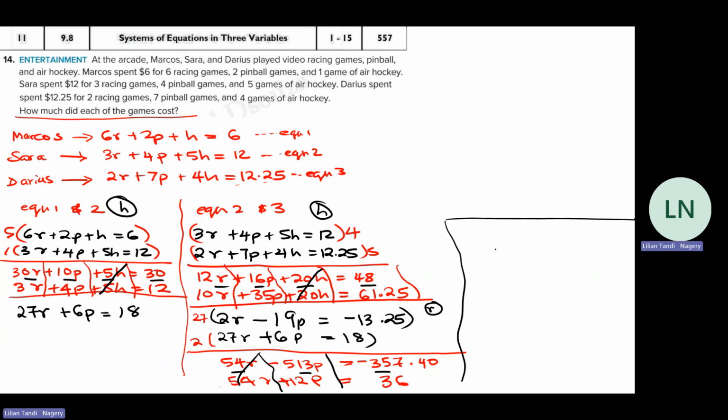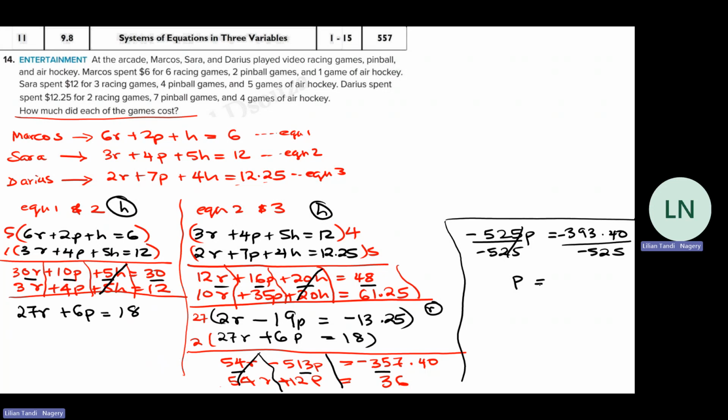So from here, I will get negative 525P equals negative 393.75. Then I will divide by negative 525.